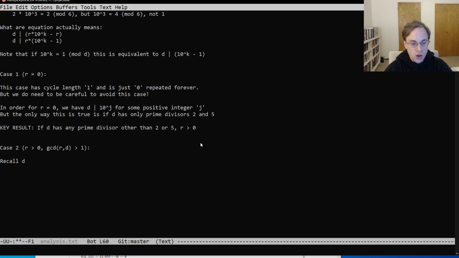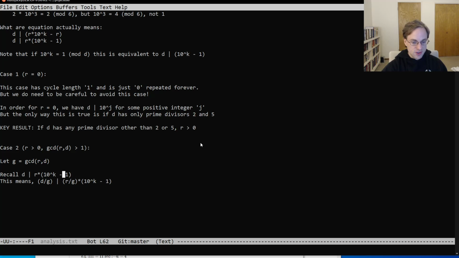So we'll say, recall that d divides r times 10 to the k minus 1. This means, first let's say let g equal GCD of r and d. That's just going to make our analysis a little bit simpler here. Okay, so that's going to mean that d over g divides r over g times 10 to the k minus 1.